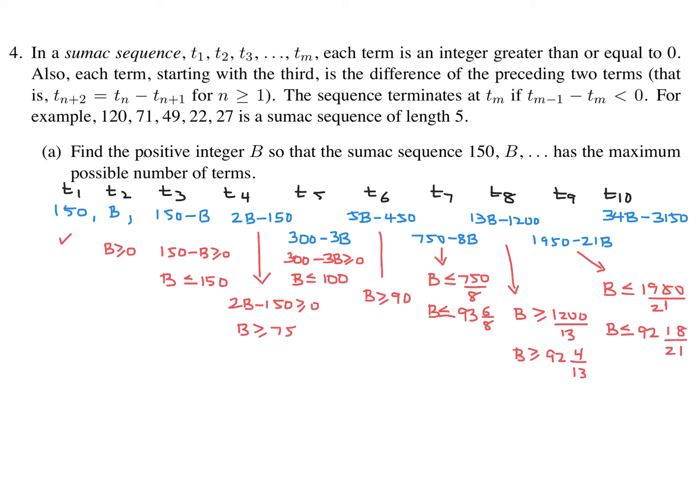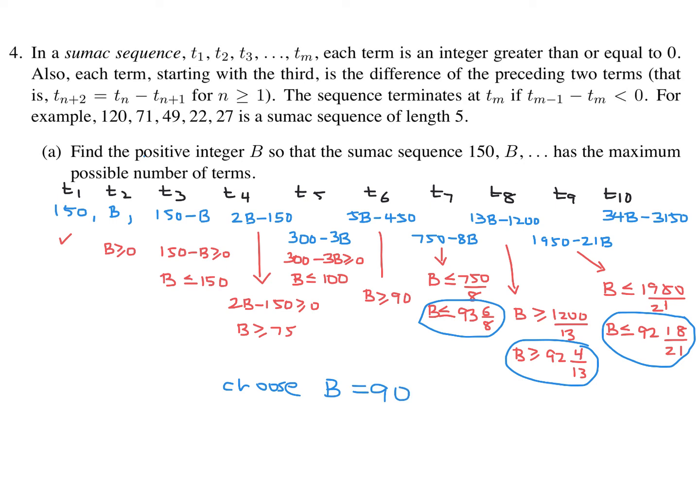Okay, so let's talk about this. If B is an integer, then if we look at these, especially these over here, they're getting close to the number 93. So if we choose B equal to 93, let's see how many will turn out to be positive. If B is 93, 150 is just 150, which is positive.